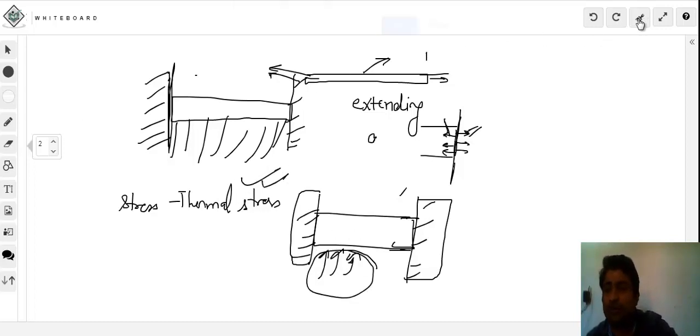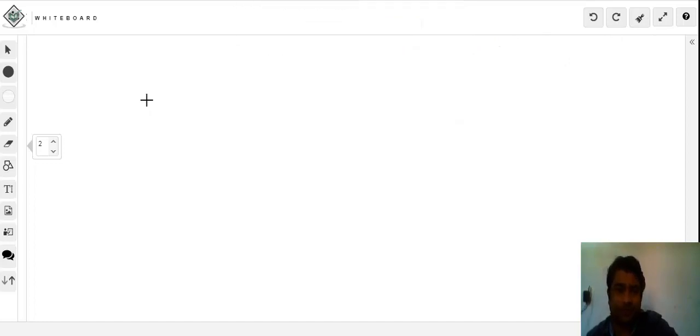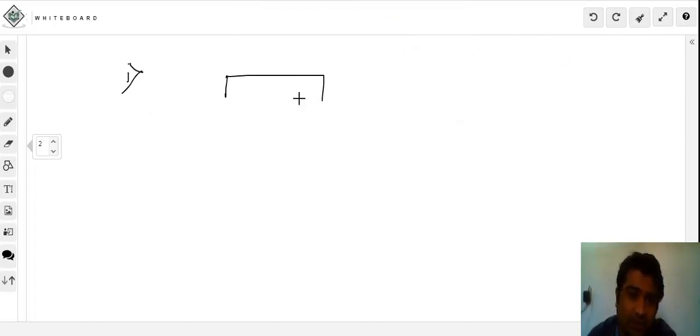Now what kind of question can you expect in NEET? The first question you might receive is, if there is a free rod and you supply heat, will there be any stress? Your answer should be no. Why? Because there is no one to stop the rod's expansion. You are not stopping the expansion using any kind of blockage.